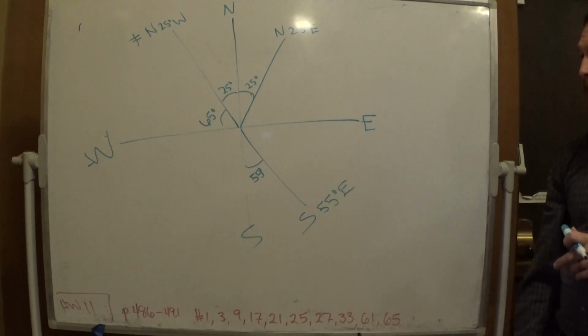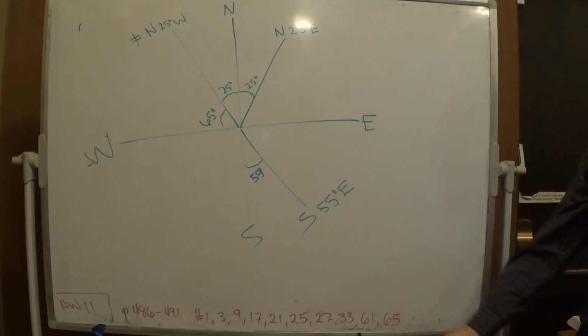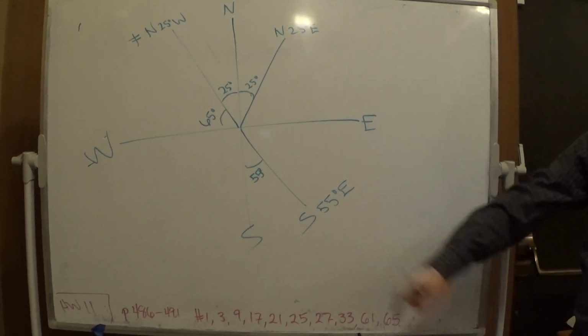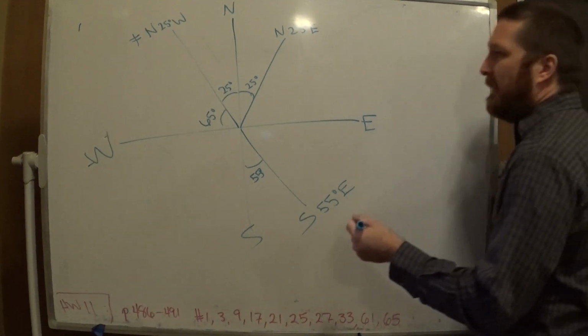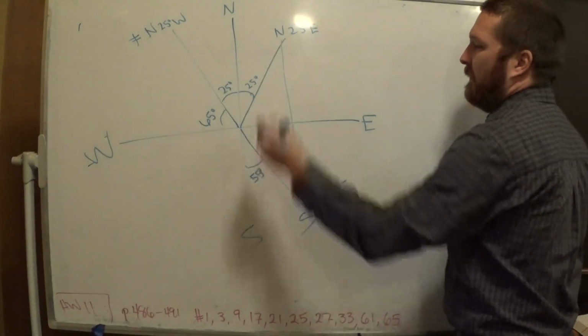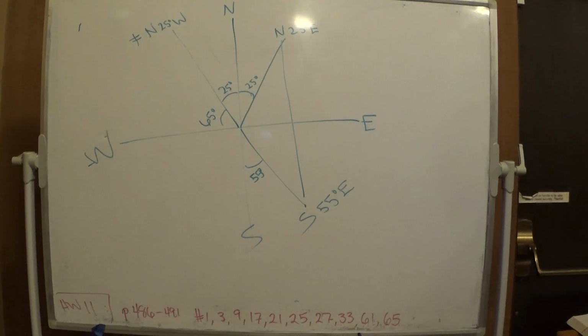Another ship left 5 minutes later and sailed in this direction. After 5 hours, how far away are they from each other? Or something like that. Okay? And that's the kind of thing we're going to have to do. I'm pretty sure there's one in here that does that.